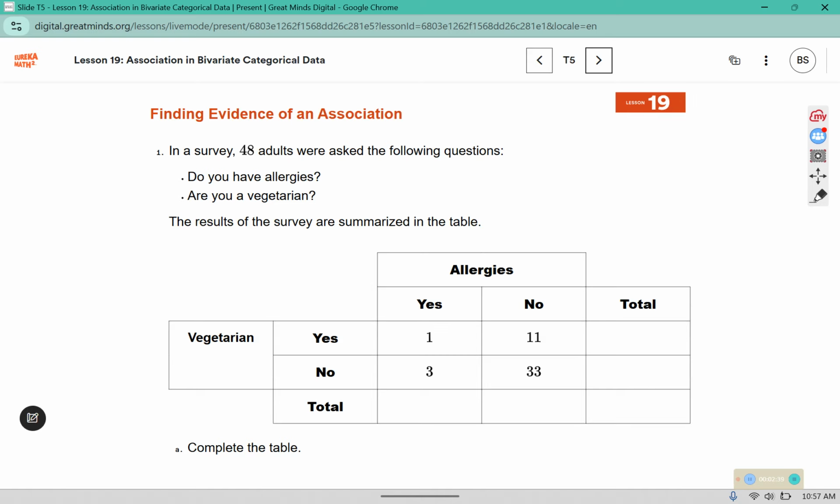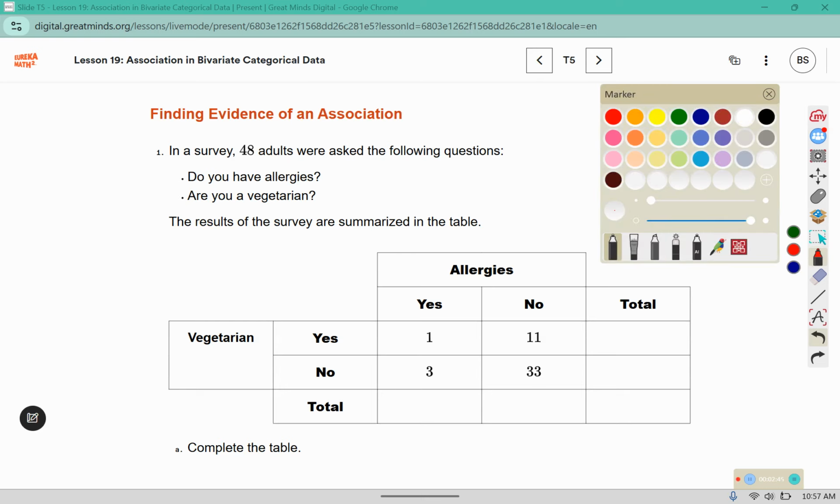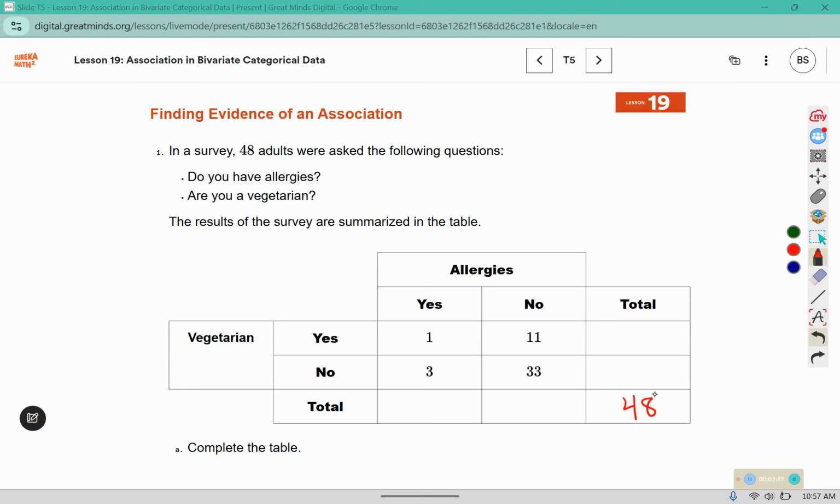In a survey, 48 adults were asked the following questions. So that right there tells us the total is 48. Do you have any allergies, and are you a vegetarian? The results of the survey are summarized in the table. Complete the table.